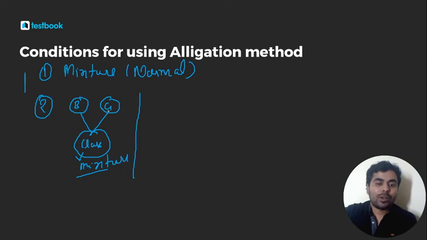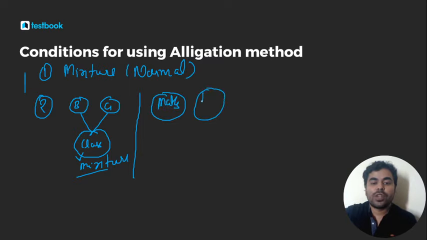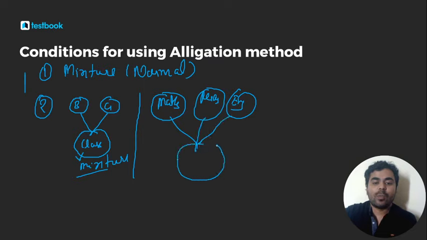Take another example of the same kind. In a pre-examination, you have some questions of maths, some on reasoning, and some on English, and these three sections constitute the whole paper of 100 questions and 100 marks.